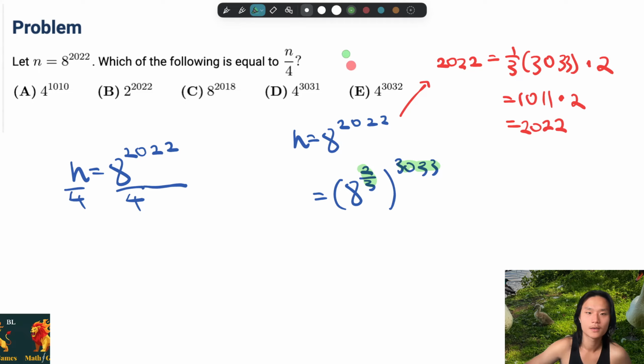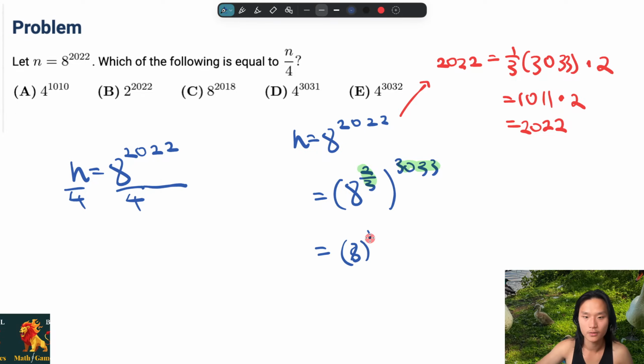So what is 8 to the power of 2 divided by 3? Well, we can think of it as first 8 cubed, and then squared, and then 3033, right?